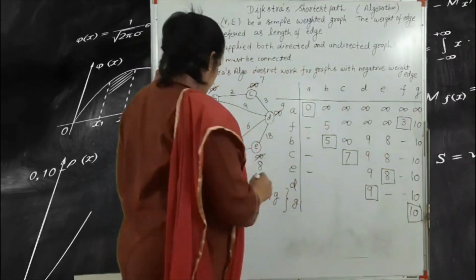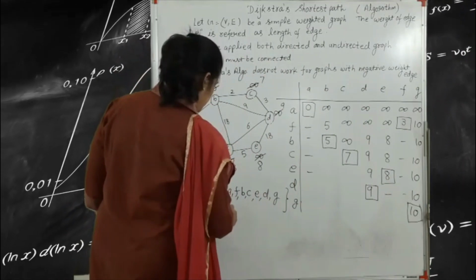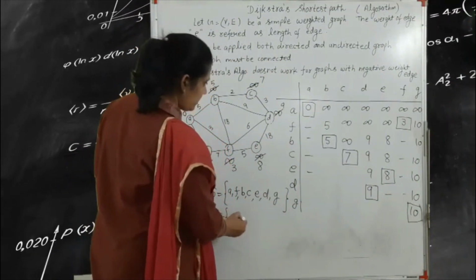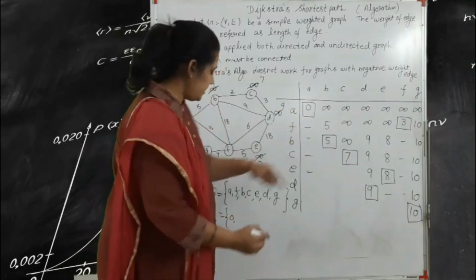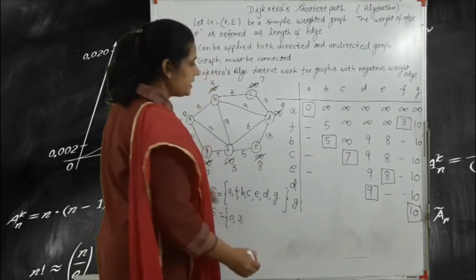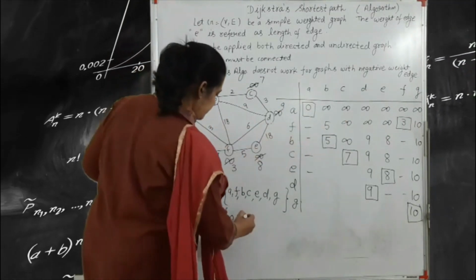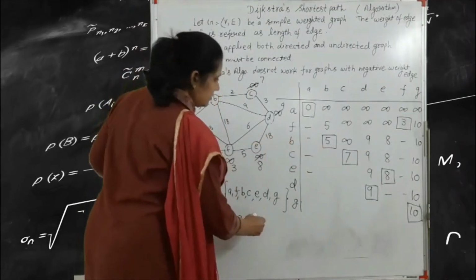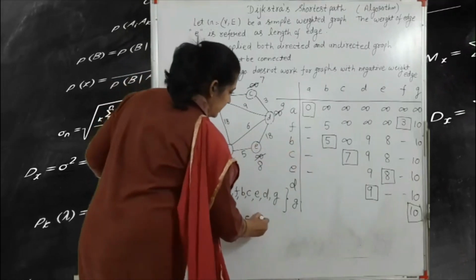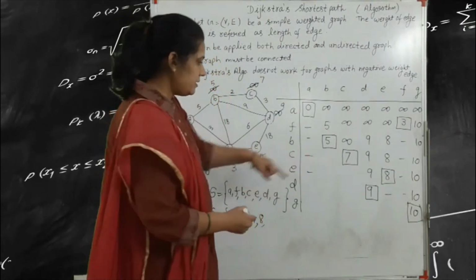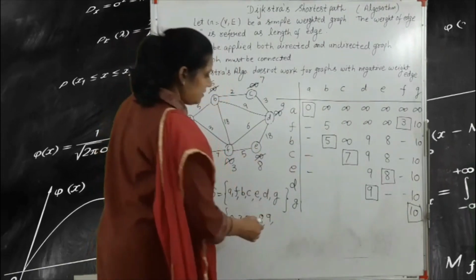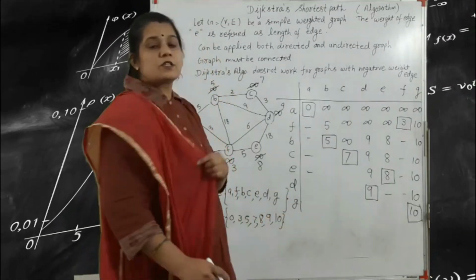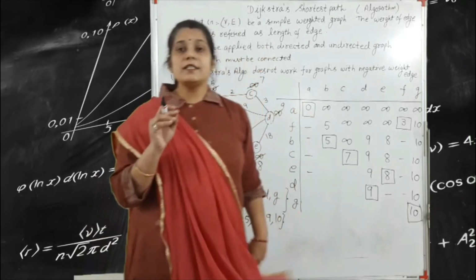So you write here S is equal to, according to A, 0, F 3, B 5, C 7, E 8, D 9, and G 10. Okay, so this is the total length.